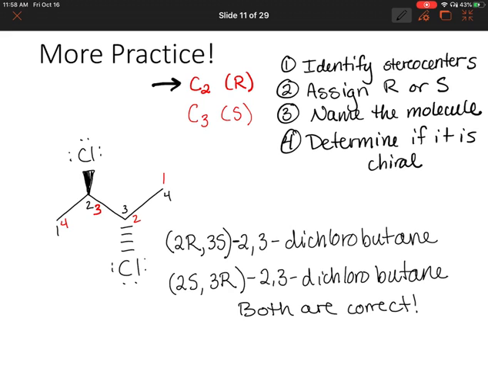All right, so now for the last question here, number 4, determine if the molecule is chiral. So do we have a plane of symmetry in this molecule?